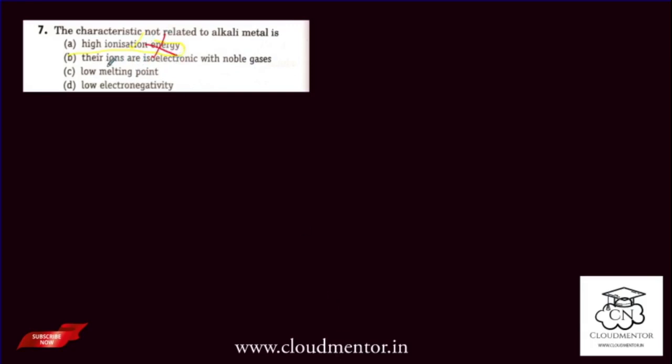And the next one, yes, it is the answer we need: high ionization energy is not related to alkali metals. Let's look at the other options. Their ions are isoelectronic with noble gases. Yes, that is correct. And next, low melting point. Yes, they have a low melting point and low electronegativity.